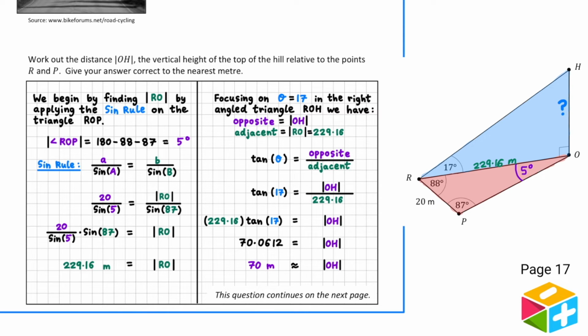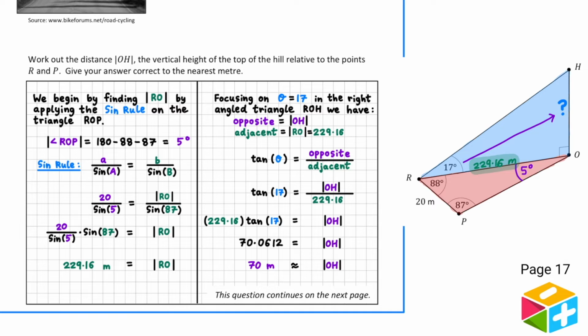Now, let's turn our attention to the 17-degree angle in the blue right-angle triangle. The side we're trying to find, OH, is opposite this 17-degree angle. The side adjacent to the 17 degrees is the 229.16 we've just found.